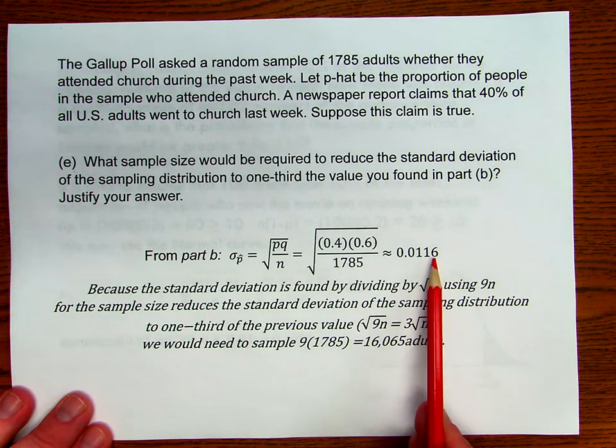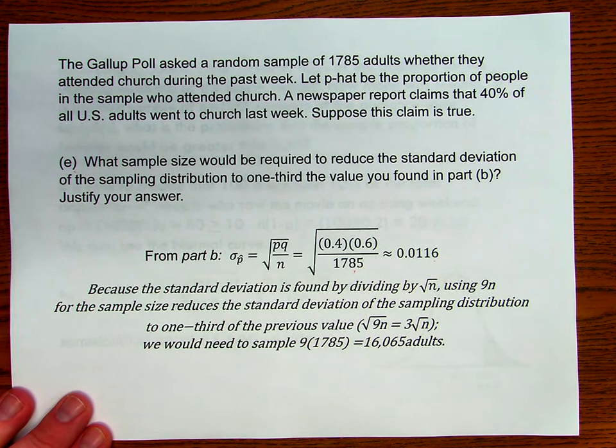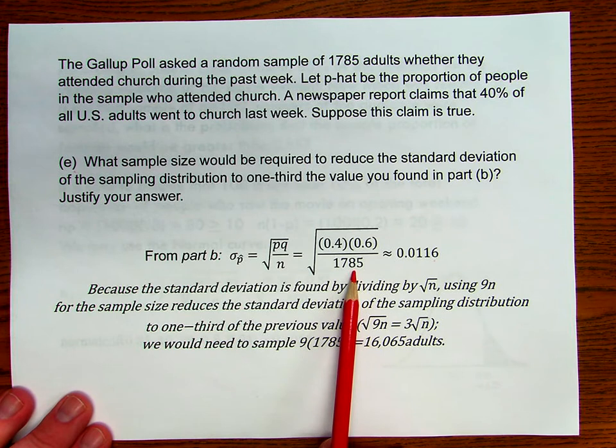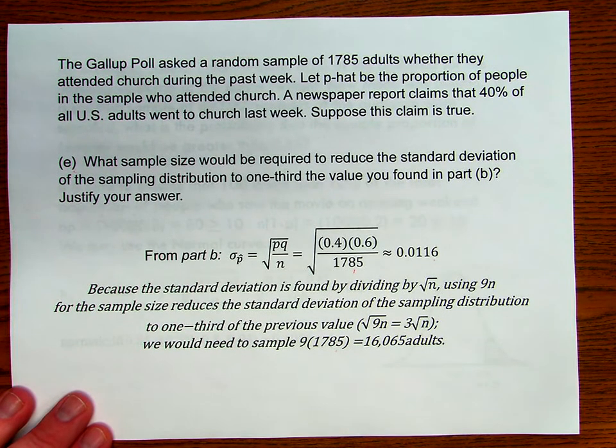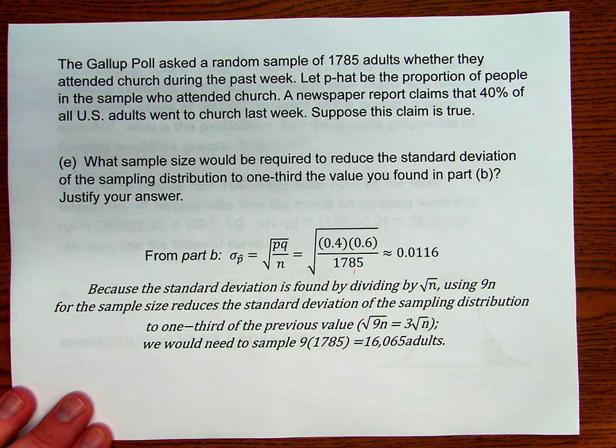So we're going to have to increase the sample size by a factor of 9, because remember that's underneath the square root. So we'd have to survey 9 times that many people, or 9 times 1,785. So we'd have to survey over 16,000 adults.